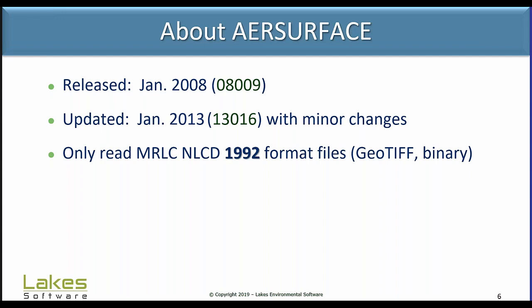These files, of course, being a bit dated to where we are now, where most modeling is conducted with more recent years of meteorological data, and also the spatial extent of these files was limited. You could only get the NLCD 1992 data for the contiguous or lower 48 United States.